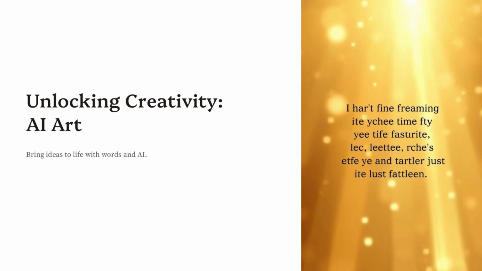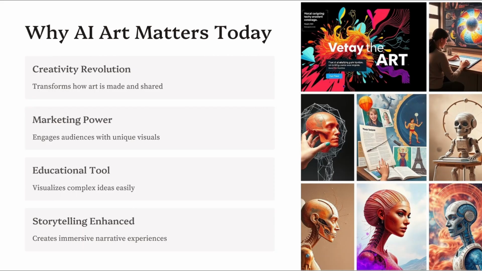Before diving into the exciting world of AI art, where words transform into stunning visuals, let's explore how these tools like ChatGPT, Gemini, Meta, or Grok can unlock your creativity and bring your ideas to life. AI art is revolutionizing creativity.